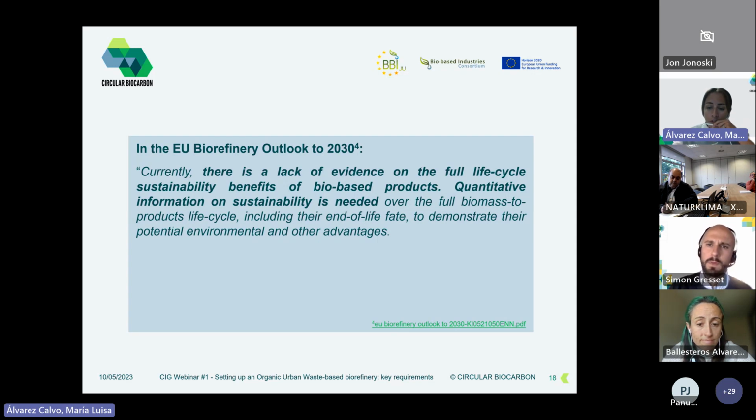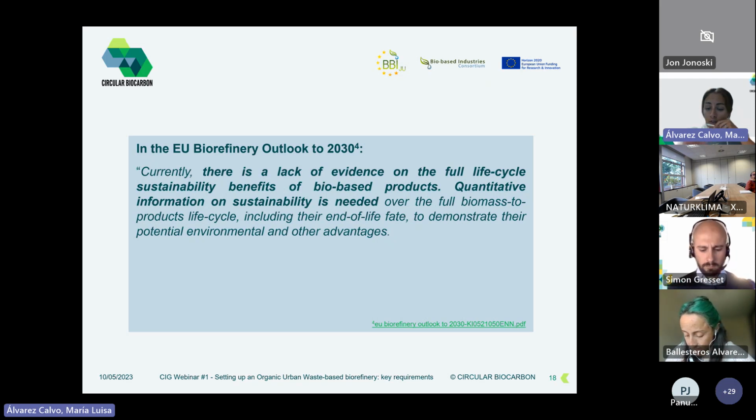The European biorefinery outlook to 2030 indicates the following: currently, there is a lack of evidence on the full life cycle sustainability benefits of bio-based products. Quantitative information on sustainability is needed over the full biomass-to-product life cycle, including their end-of-life fate, to demonstrate their potential environmental and other advantages.